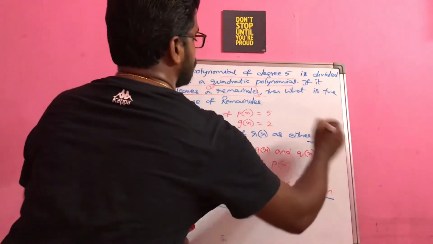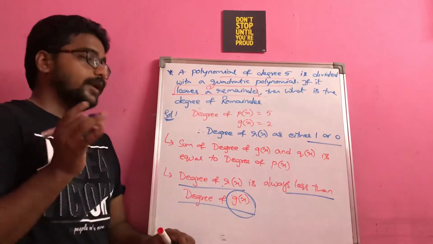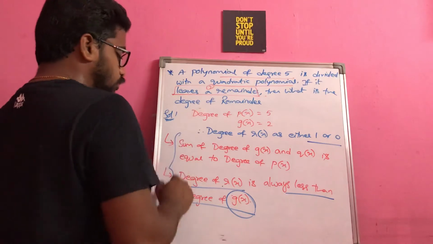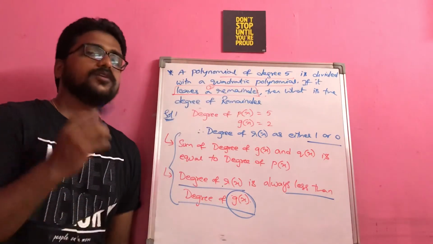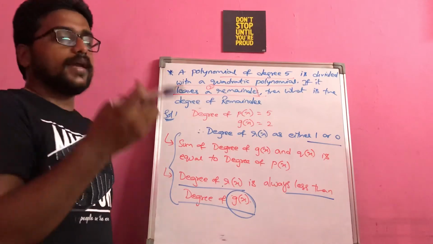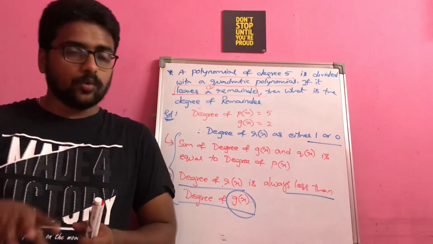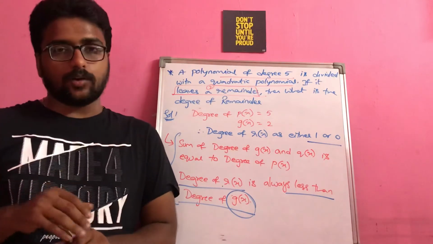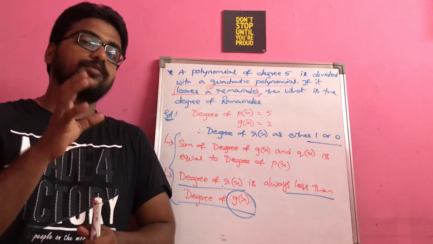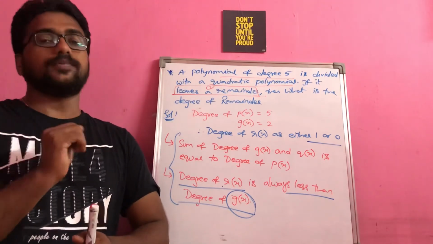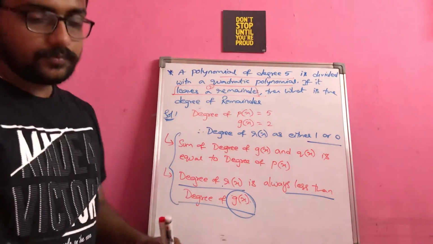That's why you can say degree of r of x is either 0 or 1. Now you might have understood, if we don't know this rule, first of all we don't know how to proceed for this question. So whenever you are learning anything new, the first thing that you have to understand is, are there any rules related to that particular topic, and you have to get a clear understanding of those rules. Then only your work will become simple, right?